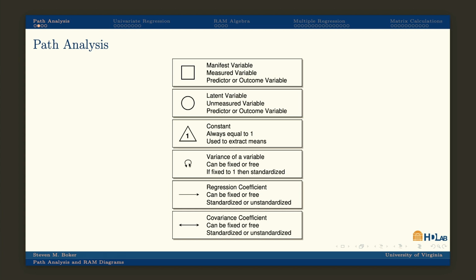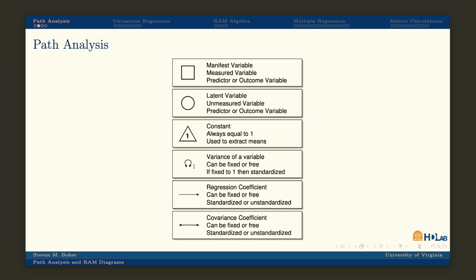Double-headed arrows, if they're these little loops from the same variable to itself, that means that's a variance. And you can constrain the variance to one or fit the variance. You can constrain variances to be equal to each other and all of those things.